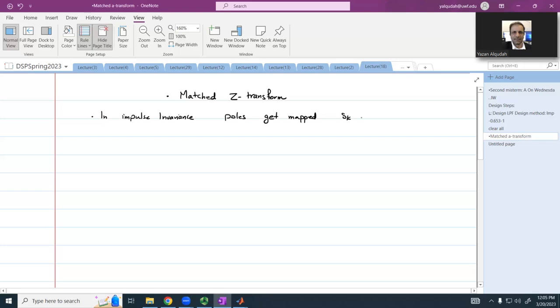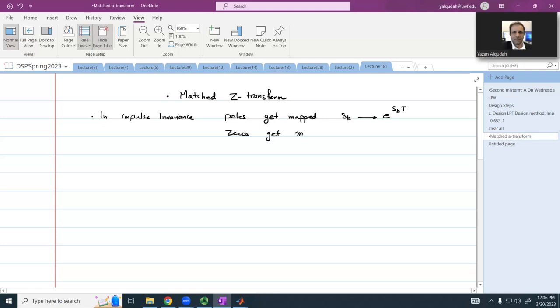A pole in the s domain, sk, will get mapped in the z domain to e to the power of sk multiplied by t. Make sense?